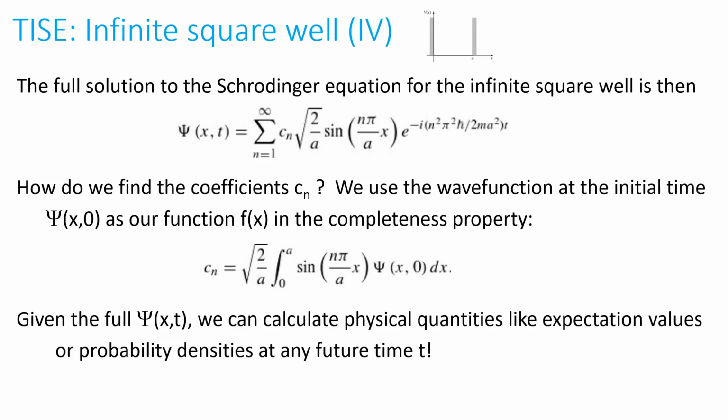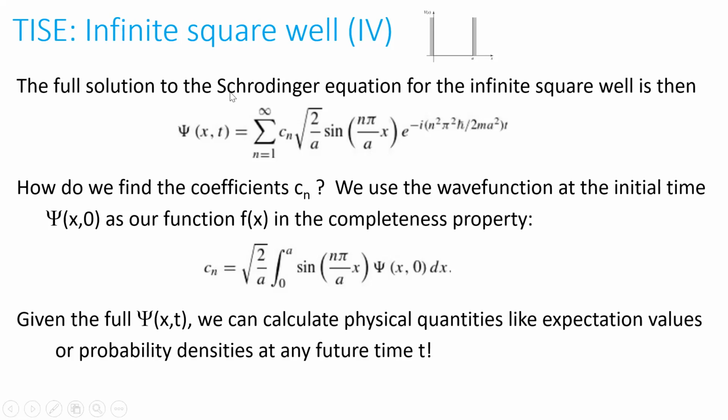Just to recap briefly, we've looked at the Schrodinger equation. We've looked at how we separated it into a time-dependent part and a time-independent part. We looked at some properties of the solutions to the time-independent part. We have looked at the infinite square well as an example of a manageable potential, which gives sines as its solutions to the time-independent Schrodinger equation.